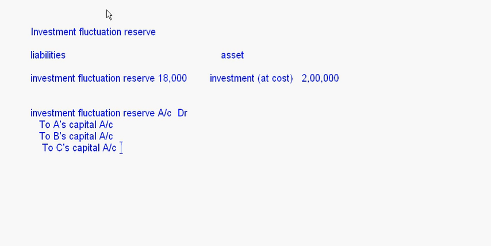So this 18,000 rupees, this will be distributed in the ratio of 5:3:2 or whatever is the ratio which is given, the old profit sharing ratio, right?